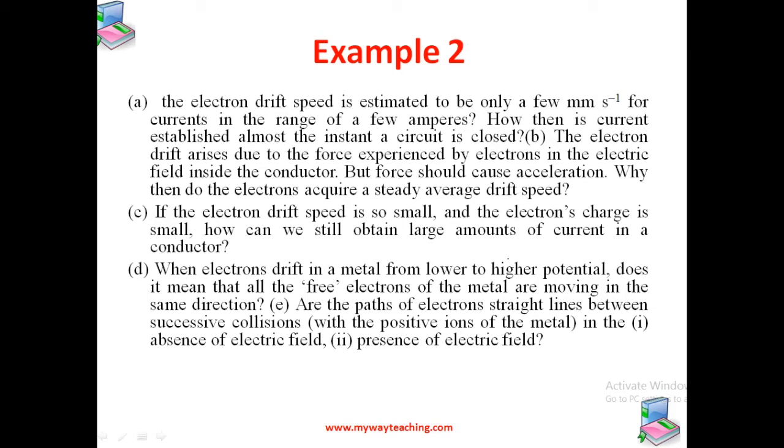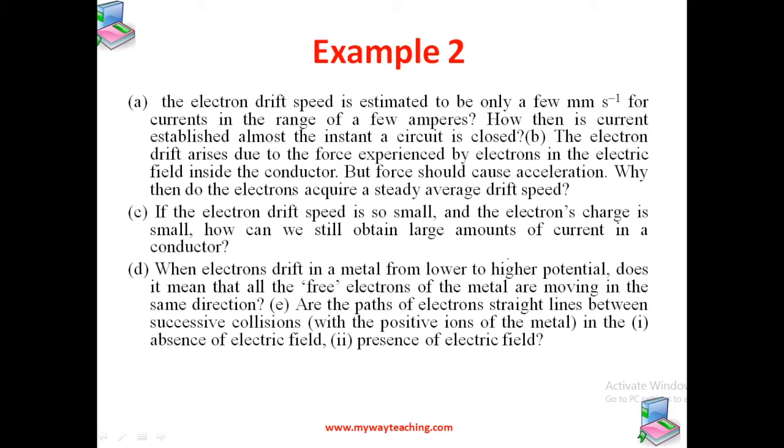See, each free electron does accelerate, increasing its drift speed until it collides with a positive ion of the metal. It loses its drift speed after collision but starts to accelerate and increases its drift speed again, only to suffer a collision again, and so on. So on the average, electrons acquire only a drift speed.